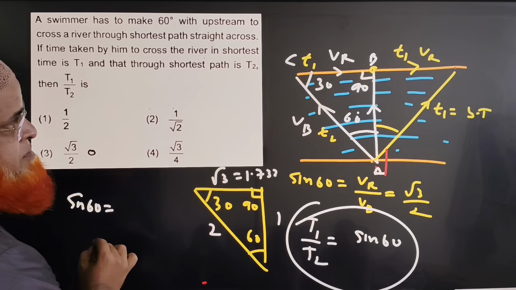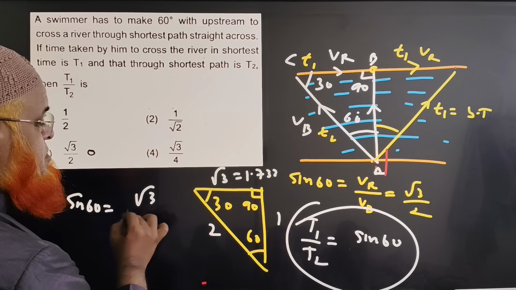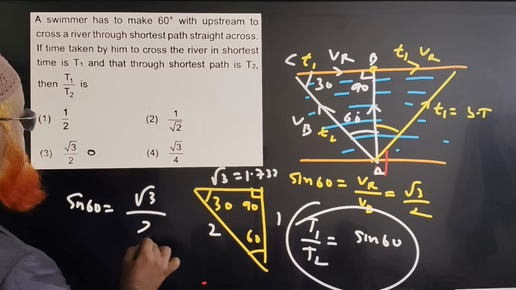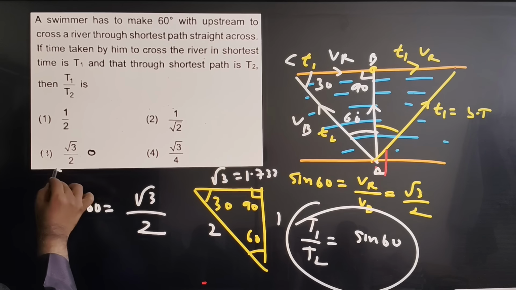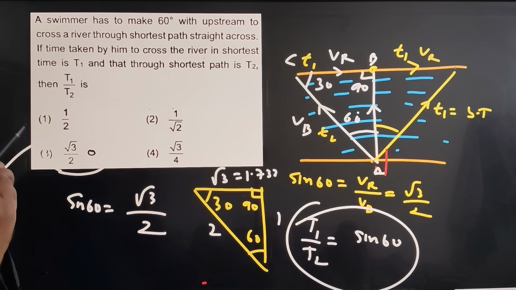What is T1 here? T1 is root 3, and T2 is 2. So the answer is root 3 by 2. Is it clear? Same boat river problem only, but you have to think a little bit more. Understood what I am saying?